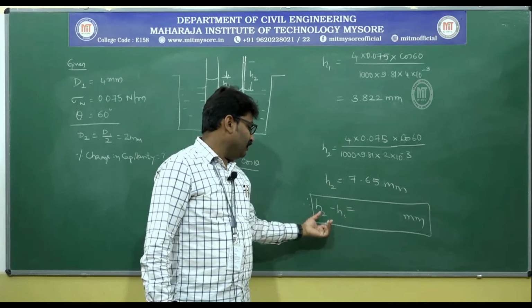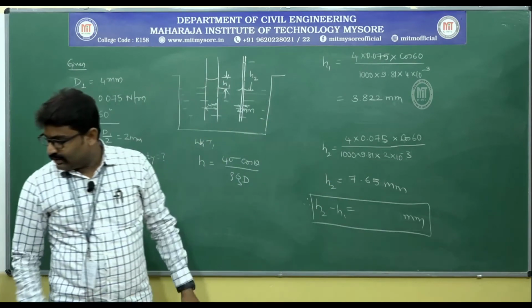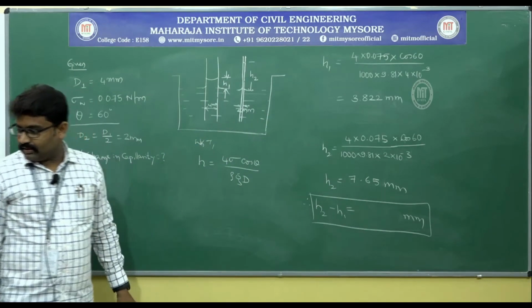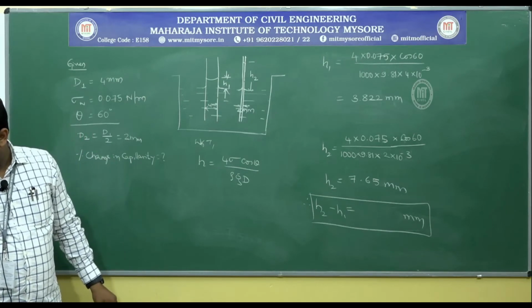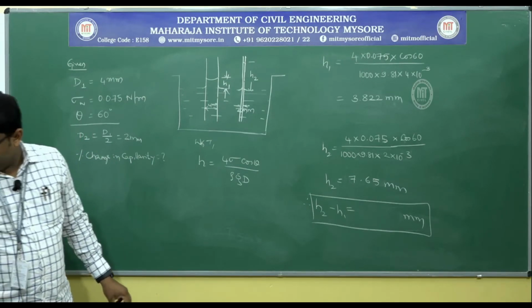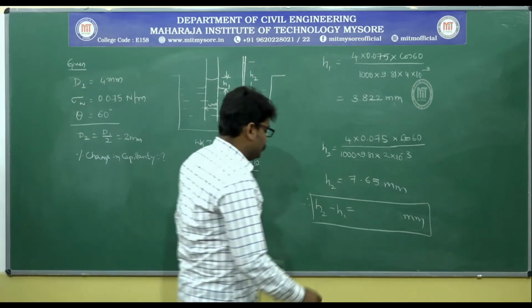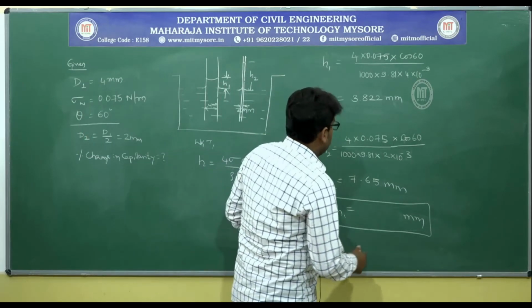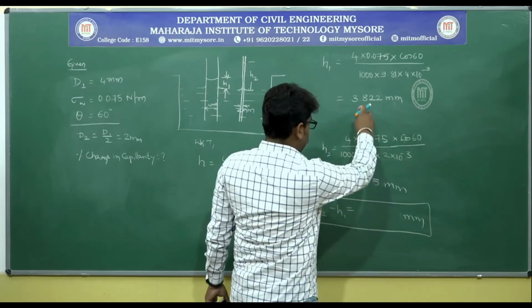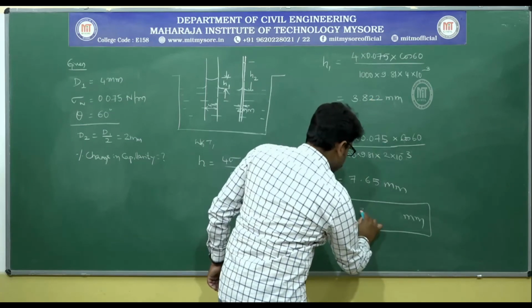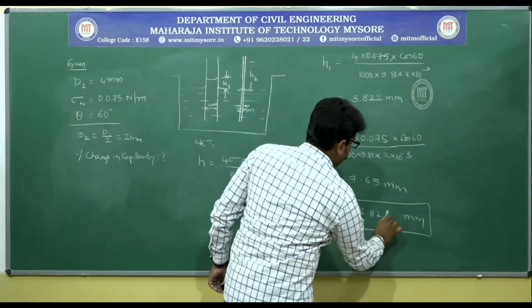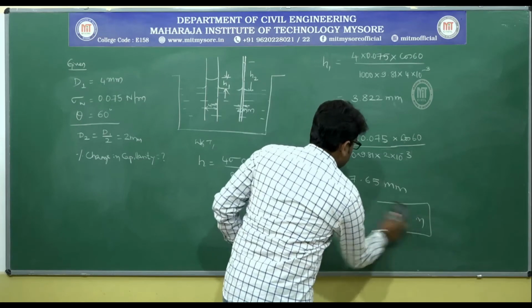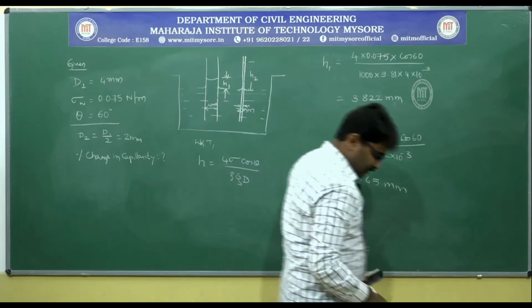Then you will have H2 minus H1, which also comes out to be 3.82.